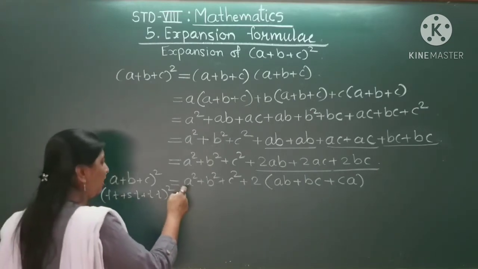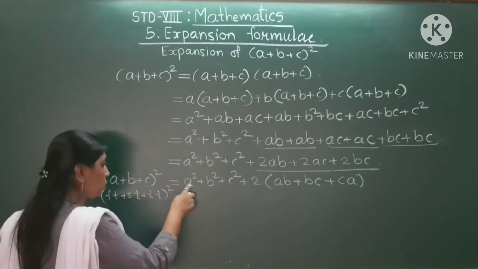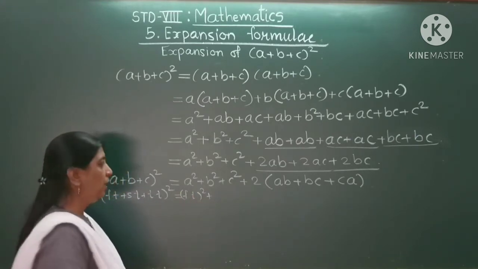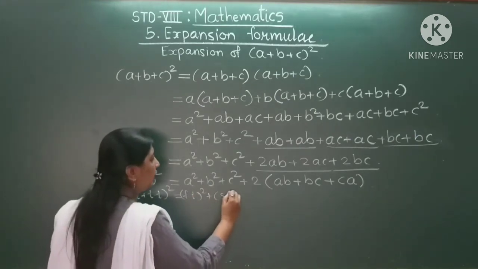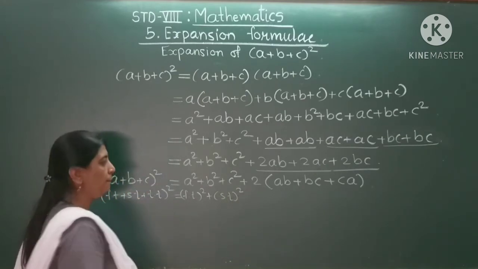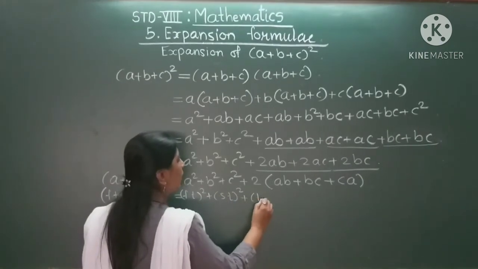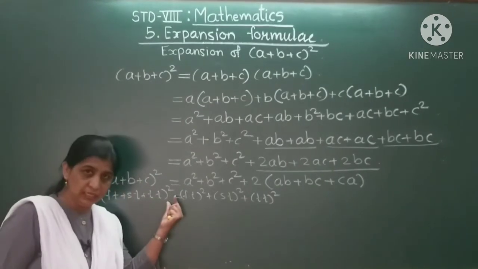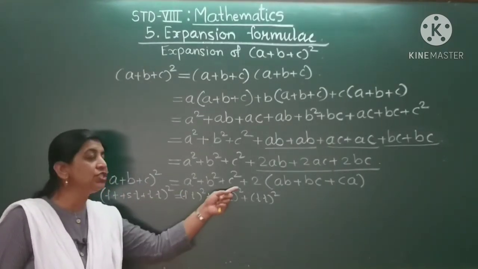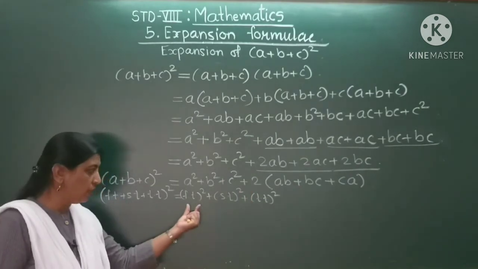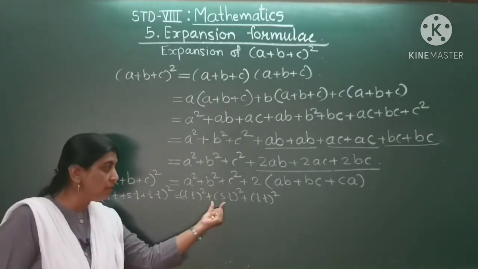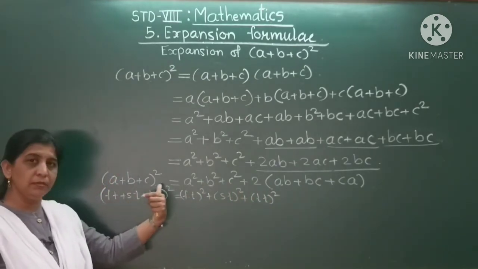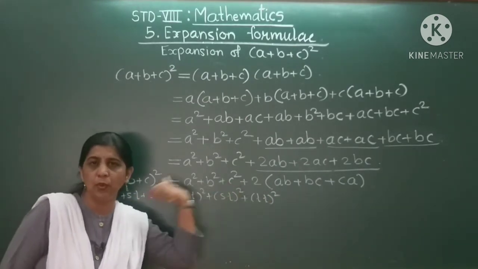What you will see is A square, so first term square, plus B square, that is second term square, plus C square, that is third term square. As I have a total of 3 terms, the square of each term is written here. First term square plus second term square plus third term square. So all these 3 terms are in the square form.